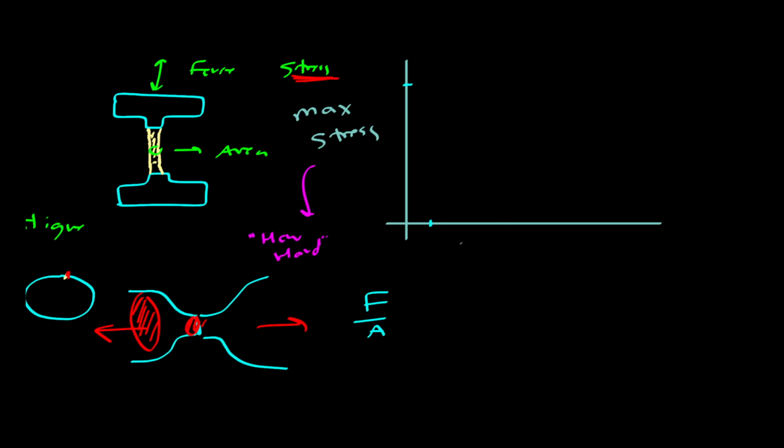Let's plot for each level of stress. So maybe we try this one a little bit lower, a little bit lower, a little bit lower, a little bit lower. We could plot the number of loading cycles it takes to break the tendon. So let's say number of loading cycles to failure.